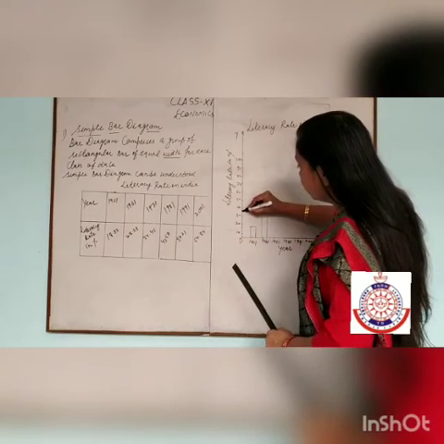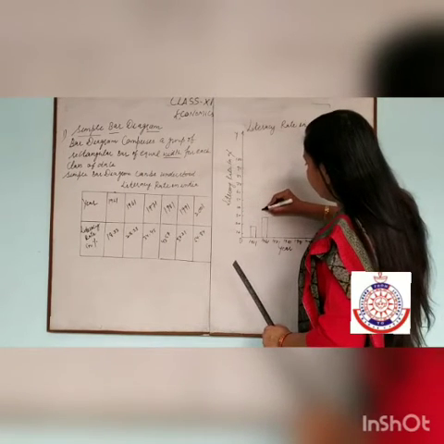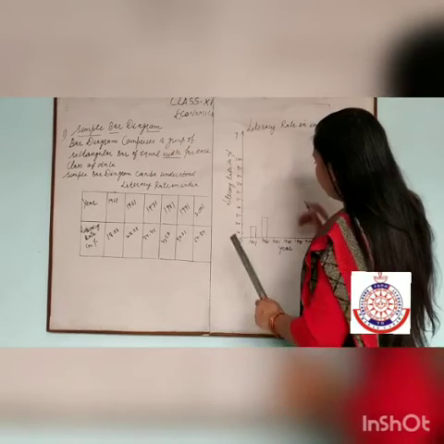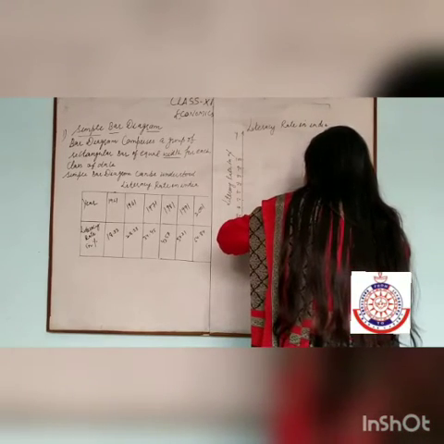Then 34.45, this is 30, this is 35, 34 point, here we are taking 34.5.